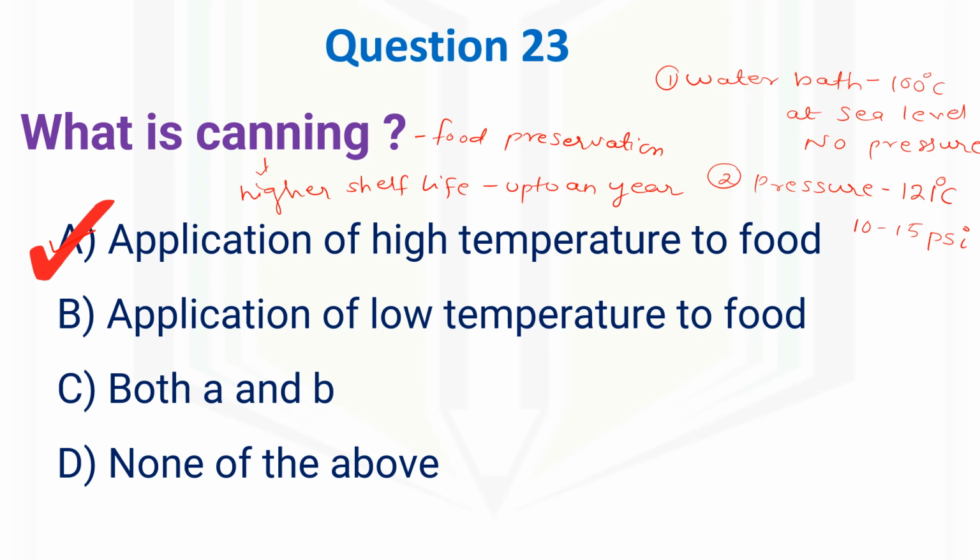This pressure is applied at sea level. So if we increase the temperature and the pressure conditions, it will remove most of the spore forming organisms or the spores of the microorganism. The water bath will only kill the viable pathogenic microorganisms.